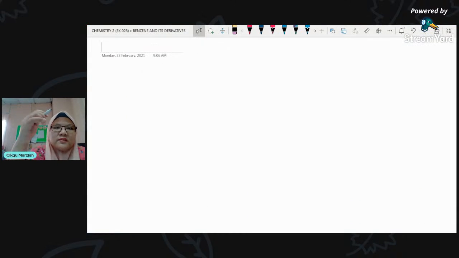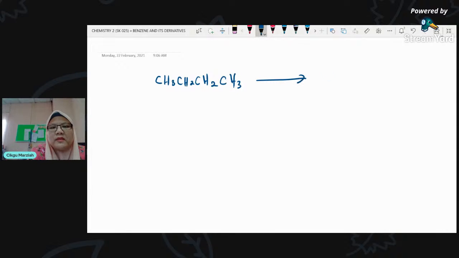So last week, I gave you an exercise to outline the mechanism. So when you outline the mechanism, let's say you want to outline the mechanism starting from butane to produce this compound.